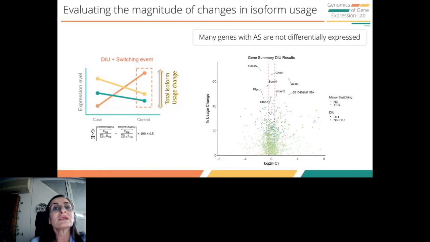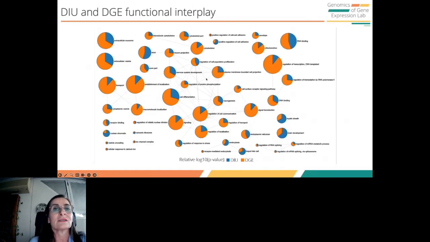Once you have this information, you can ask which are the functions represented by these genes? Here is also one of the plots that TAPAS gives you, in which you see how different functions are differentially regulated at the level of gene expression, in orange, or at the level of differential isoform usage in this differentiation process.